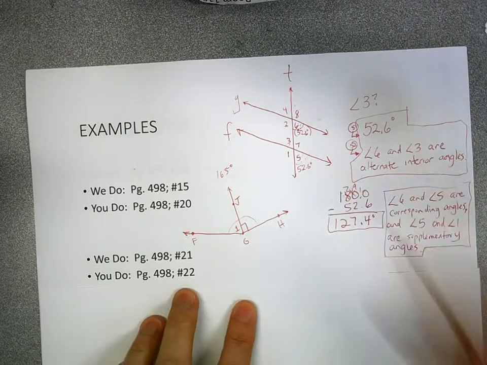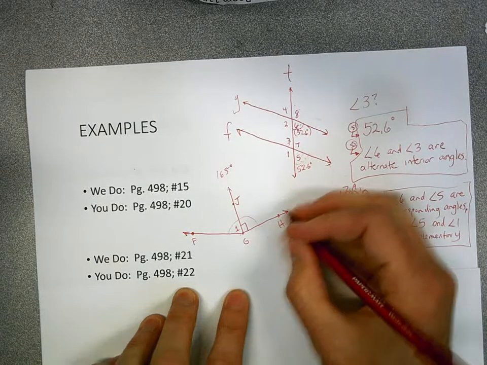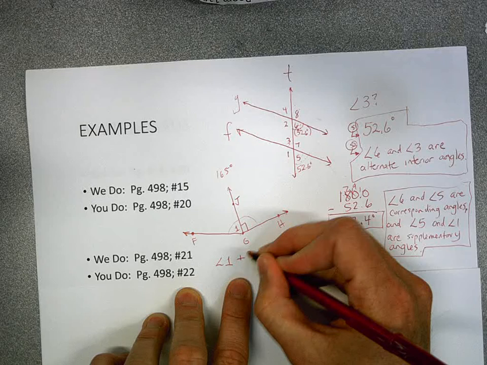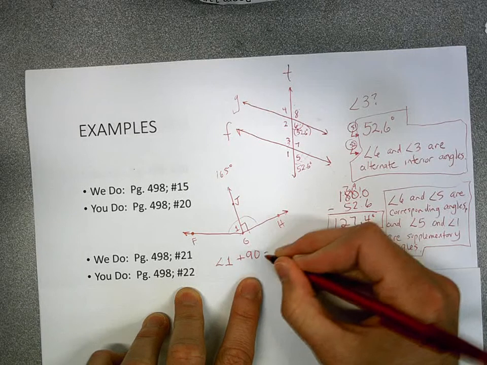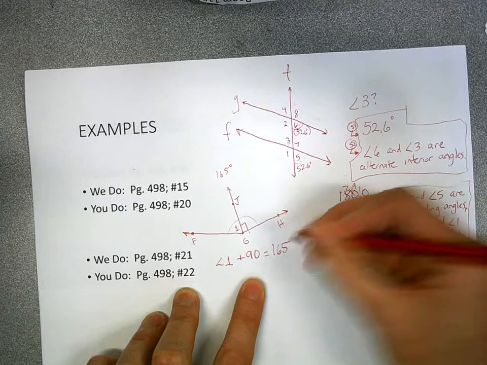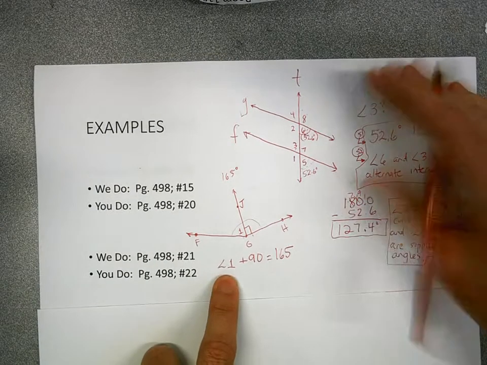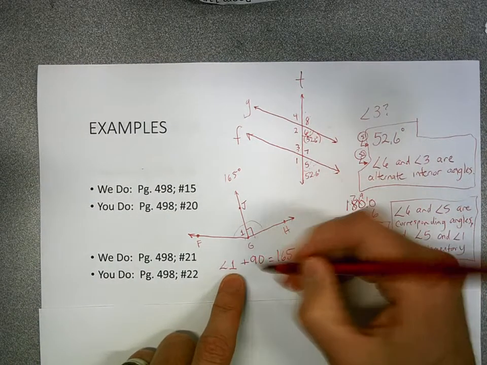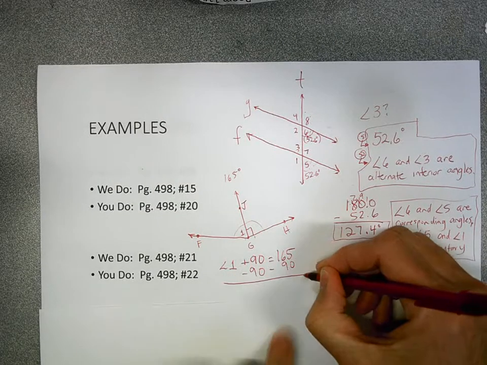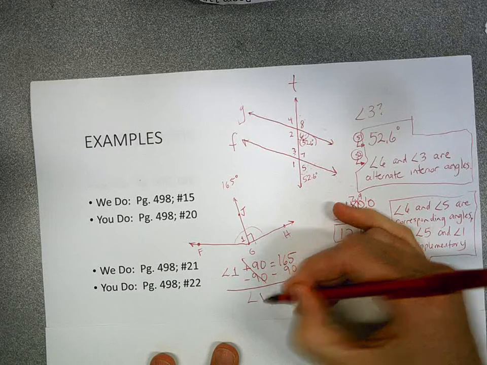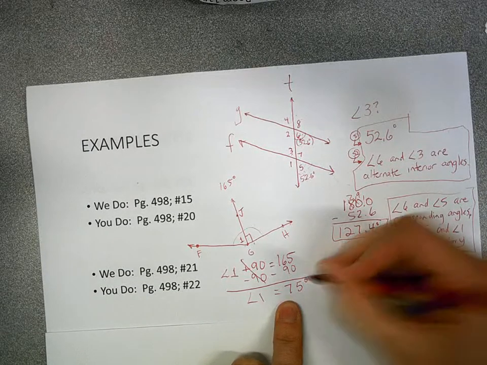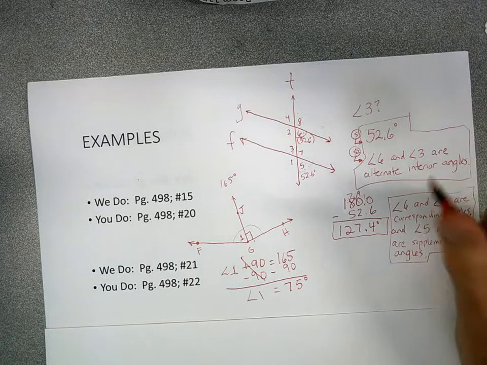So I could say angle 1 plus 90 degrees is equal to what they told us the whole angle measure is, 165 degrees. So if I want to treat this like a variable, I would just subtract 90 from both sides and say angle 1 is 75 degrees.